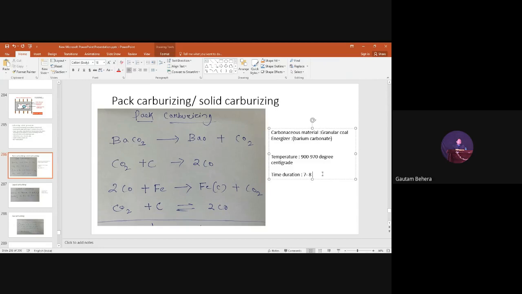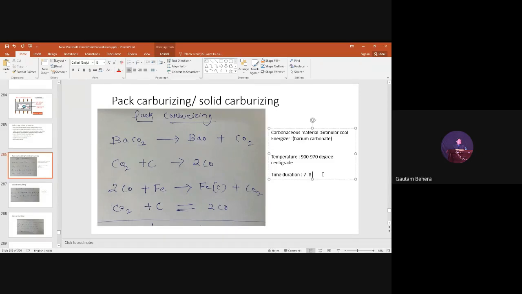Why is this time important? Because suppose you want to increase the weight percentage of carbon to a large depth, then you have to increase the time. Suppose you want a very small depth of hardness, then the time will be less, right? So time decides the depth of hardness, up to what depth from the surface you want to increase the weight percentage of the carbon.